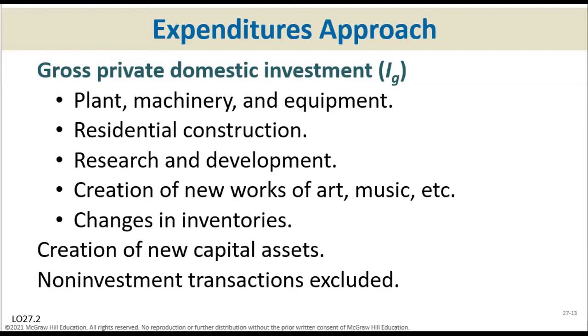The change in inventory, right? The change if you add to the inventory or you reduce your inventory during a particular period, right? All these items represent where businesses invest in themselves, right?